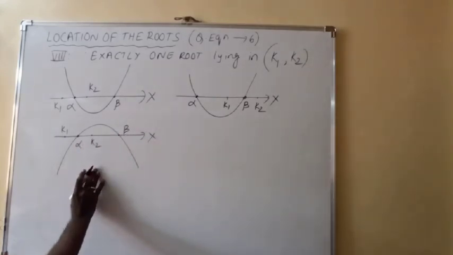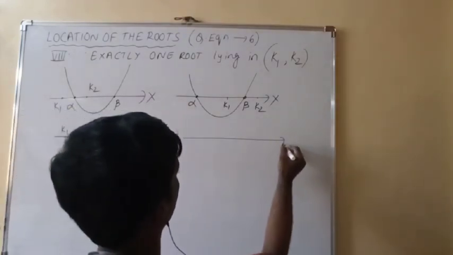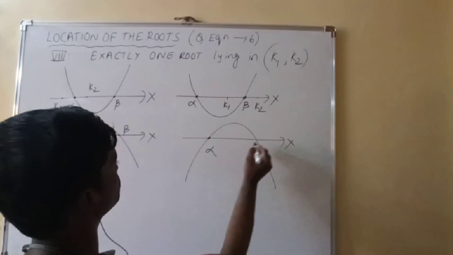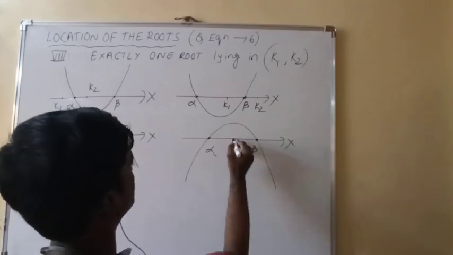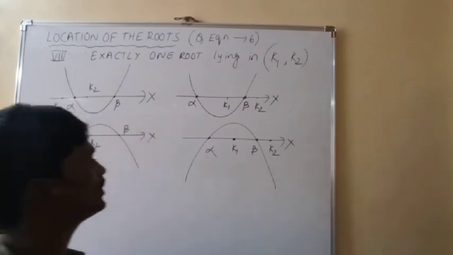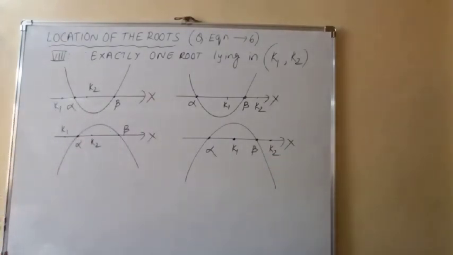So here in this case a is negative. Fourth case also a is negative. So this is k1, this is k2. Observe all the cases. In all the cases, what we observed? Exactly one root lies between k1 and k2.